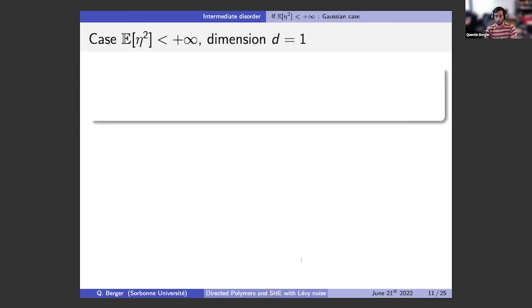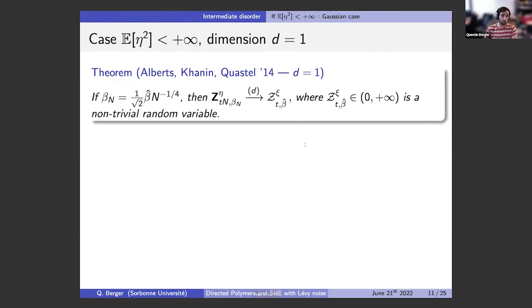Okay, so this is what has been done by some people, and the first set of results was by Alberts, Khanin, and Quastel, published in 2014, in dimension d equals 1 and in the case of a finite second moment. In that case, you take beta_n to be n to the minus 1/4.